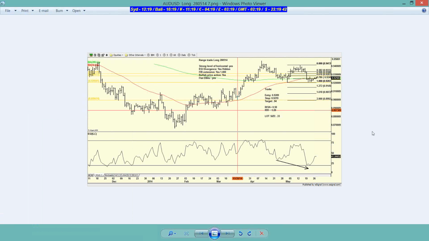Euro dollar, Aussie dollar long. Strong level of horizontal, RSI divergence, range trade long. Okay, flat EMAs, yes you do have RSI divergence. Oh, look, I don't think so.